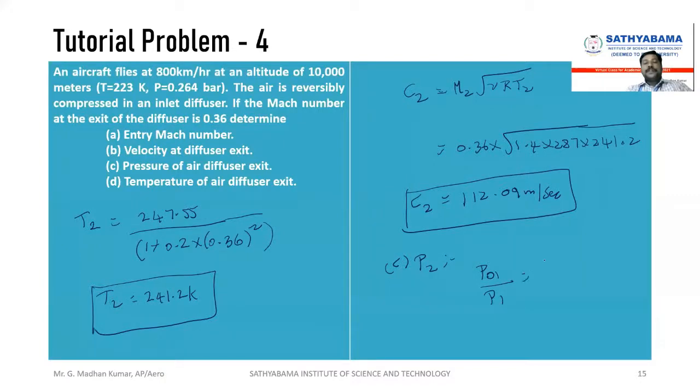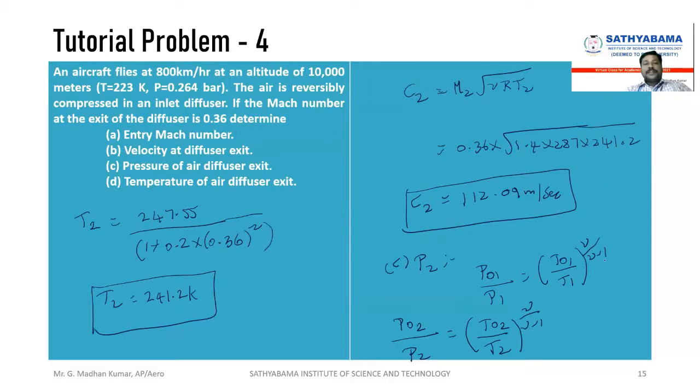P01 by P1 is equal to T01 by T1 whole to the power of gamma by gamma minus 1, and then P02 divided by P2 is equal to T02 divided by T2 whole to the power of gamma by gamma minus 1, right? So estimate these two ratios. You know the value of T01.